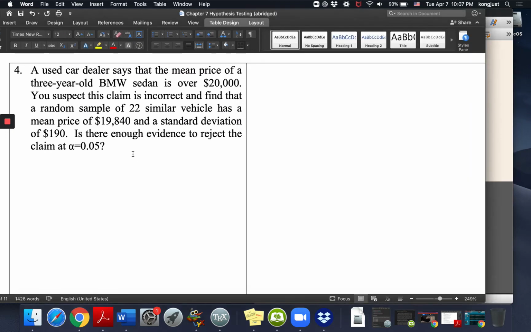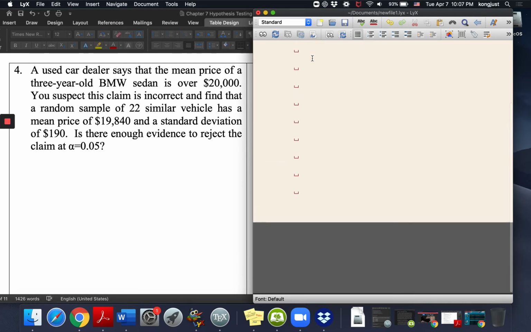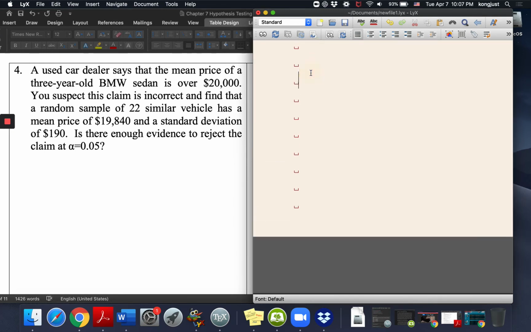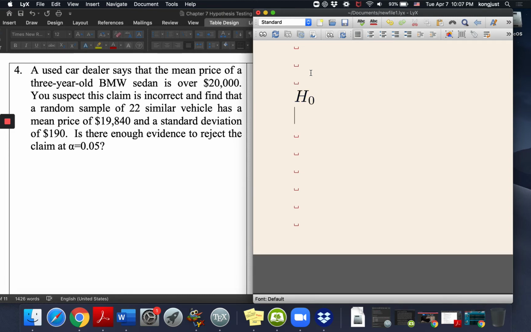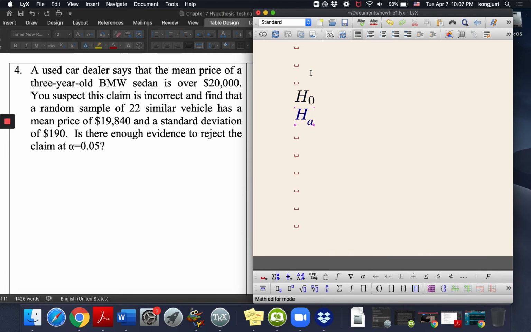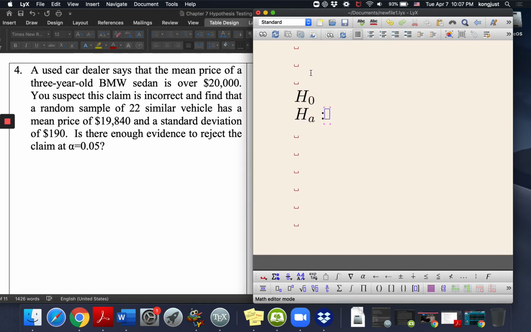All right, a used car dealer says that the mean price of a 3-year-old BMW sedan is over $20,000. Let's start right away writing down our claim. So we have H naught, and we have this alternative HA. The claim is that the mean price is over $20,000.